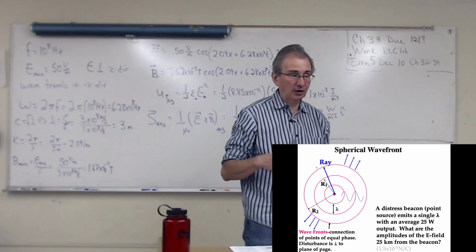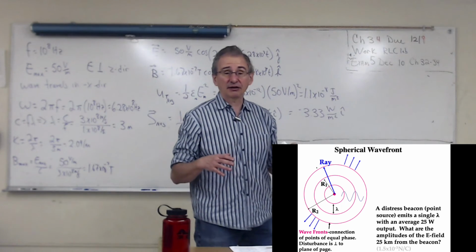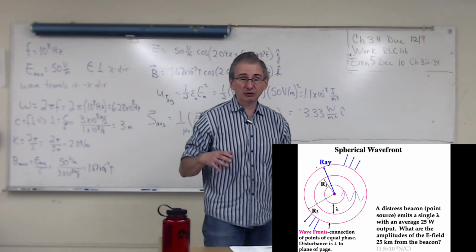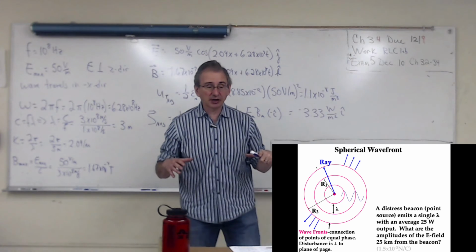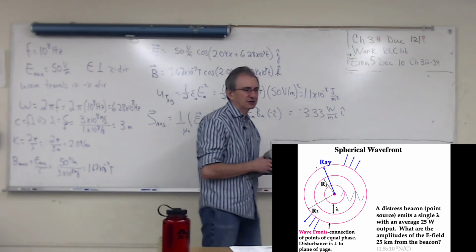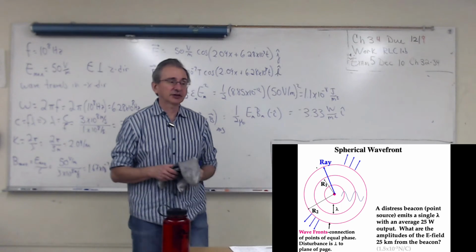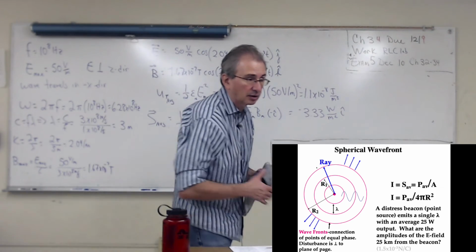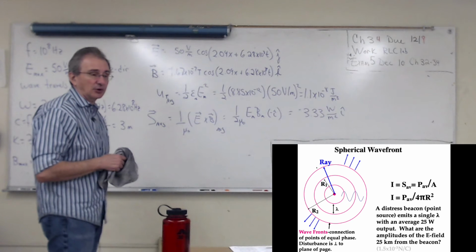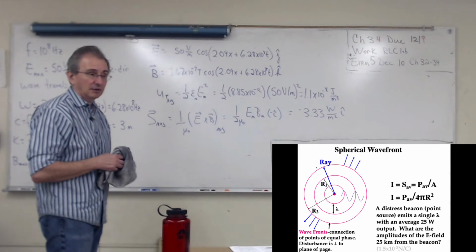The energy is distributed over a larger surface area as the wave travels outward. This is why the idea of the intensity is important. The intensity is the energy per unit area per unit time in a wave.